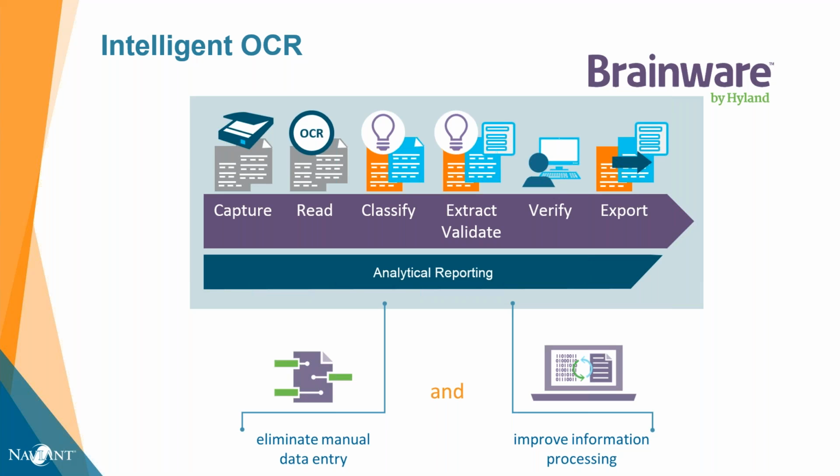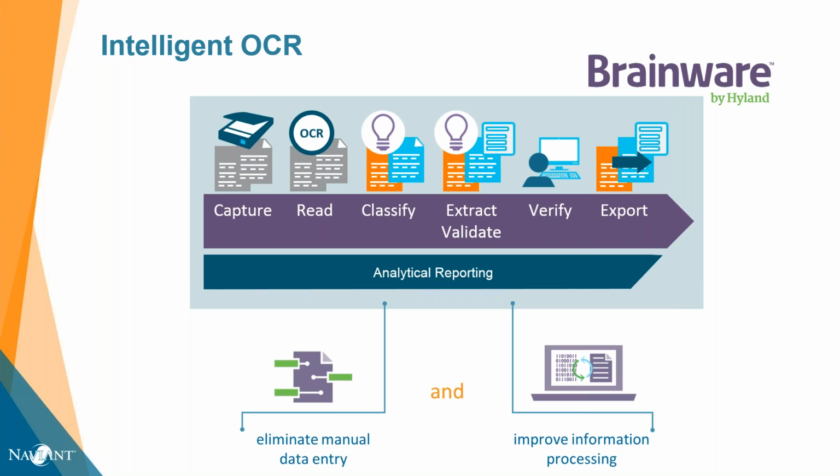So as those invoices come in, once they're captured, optical character recognition is kicking in, creating a text rendition of that invoice, but we're doing much more than that. We're able to classify an invoice differently from a credit memo, different from potentially a purchase order or some other supplemental documentation that comes along with it.